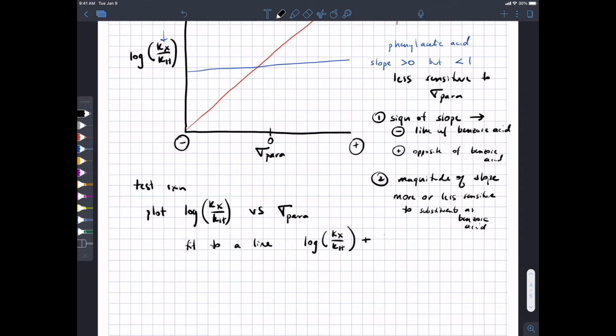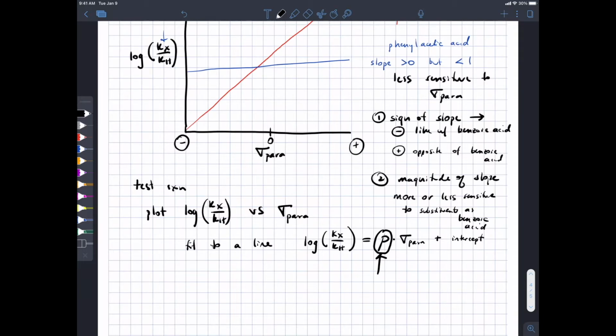The slope we're going to call rho, because why not? Greek letters, right? Rho times sigma para, and then there will be some intercept, which I'm not going to even give a number to. All right? So this rho value is going to tell you things about the reaction. Is the reaction involving a buildup of negative charge or positive charge? And is the reaction sensitive? How sensitive is that reaction to the buildup of negative versus positive charge?